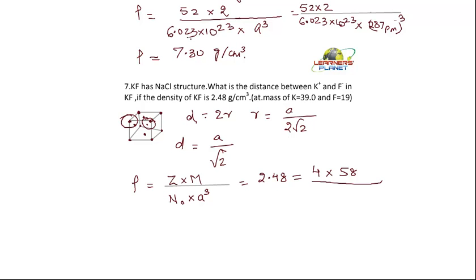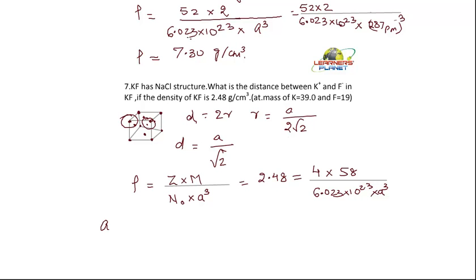And that has to be divided by your N naught, that is 6.023 into 10 to the power 23, into a cube.